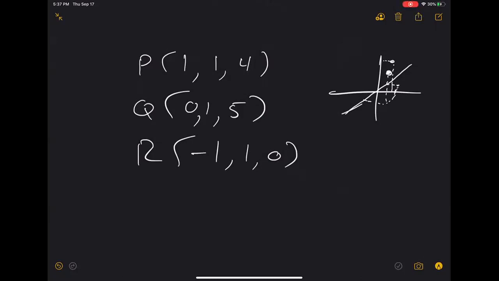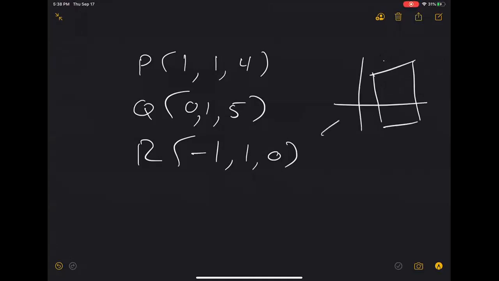So the plane probably looks something like this, kind of a steep plane going down steeply. Okay.